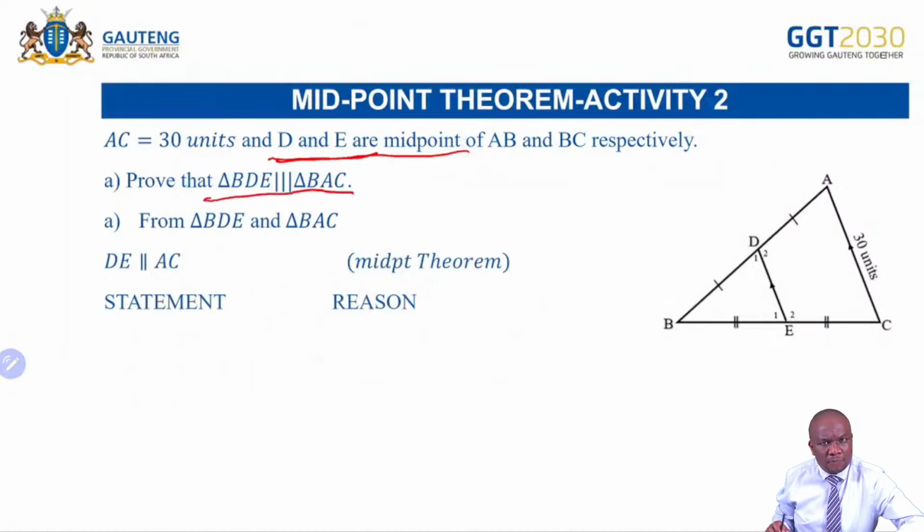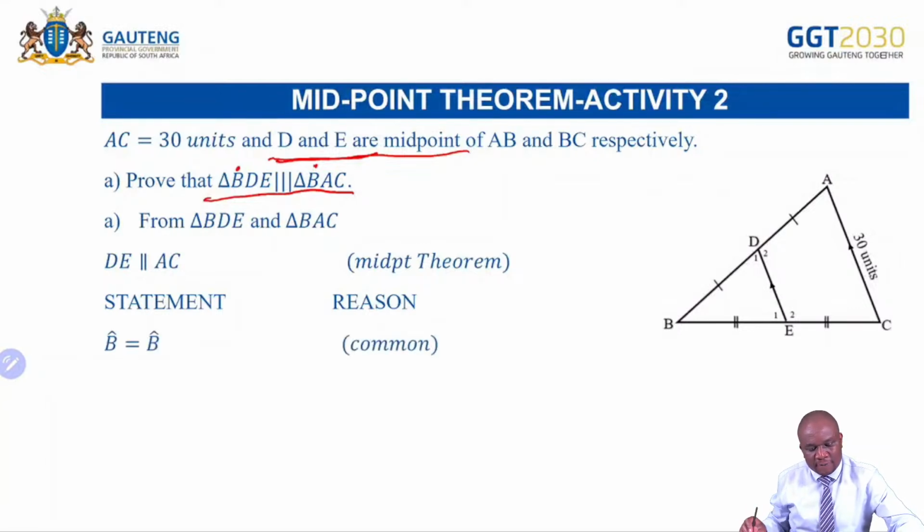We have triangle BDE and triangle BAC. We just have to check. Angle B in triangle BDE goes with angle B in triangle BAC. Why are these two angles equal? They are equal because B is a common angle. It is found in triangle BDE and also BAC.